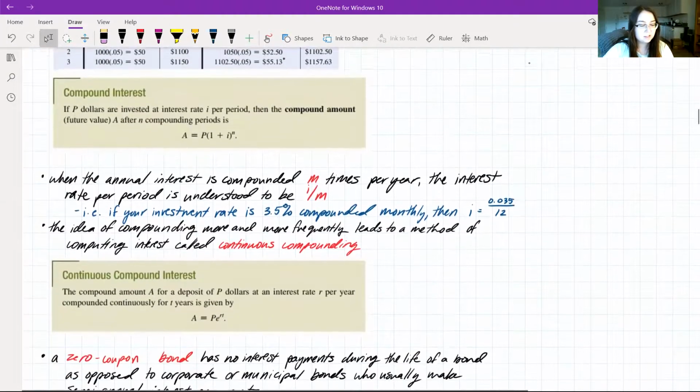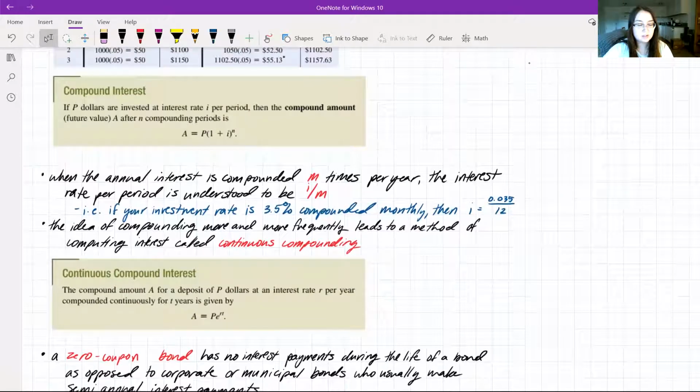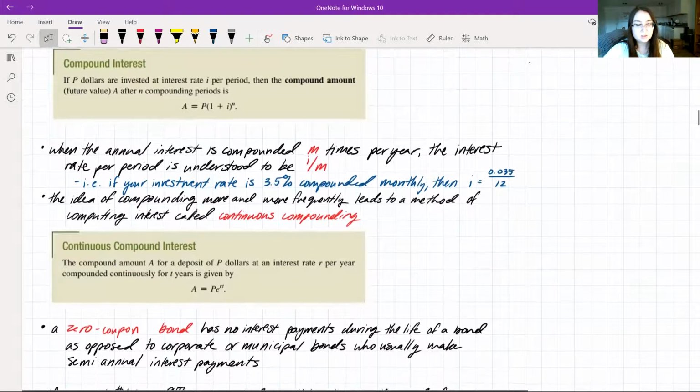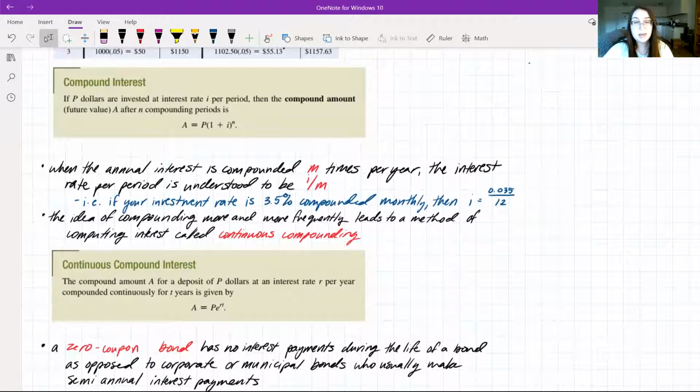For compound interest, if P dollars are invested at an interest rate I per period, then the compound amount or future value A after n compounding periods is A equals P times 1 plus I to the power of n. When the annual interest rate is compounded m times per year, n is the number of compounding periods.